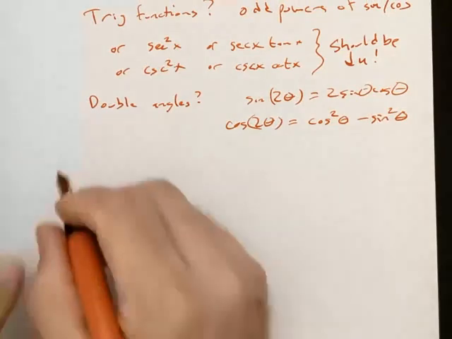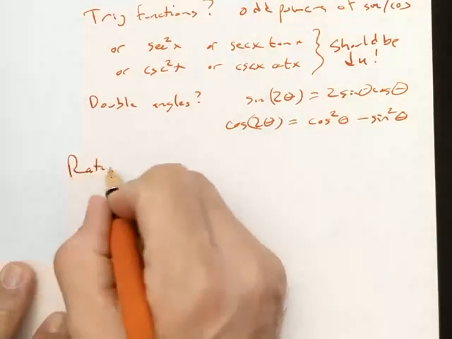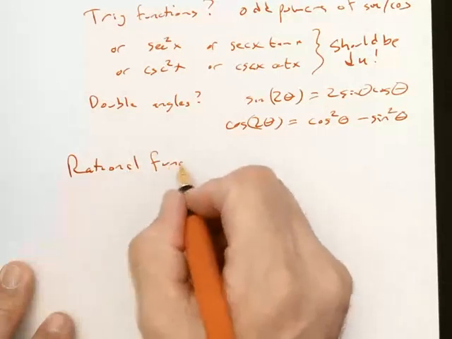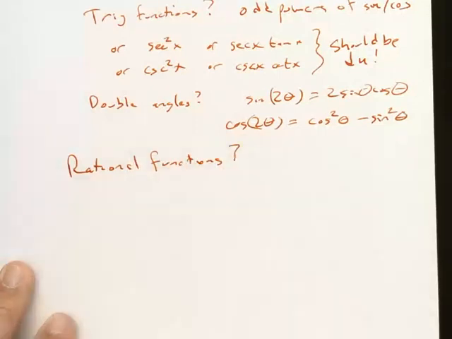What if I see rational? Somebody remind me, what's a rational function again? Not Mr. Spock. Radicals are roots. You mean like a fraction? Rational, like a rational number, it's a fraction.